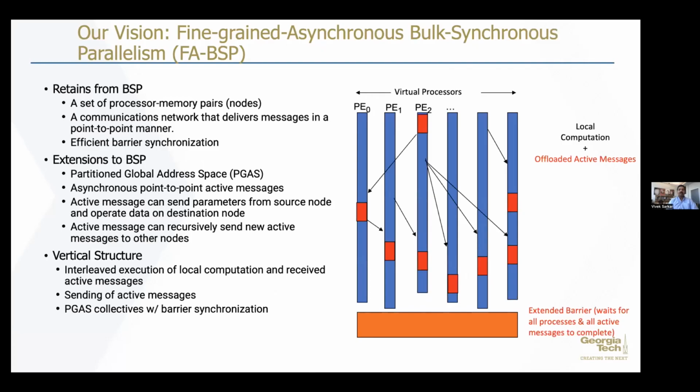What we've recognized the need for is something that we call fine-grained asynchronous bulk synchronous, that during a superstep, we should be able to allow offloaded active messages. And this is, as you'll see in a moment, inspired by the actor model. So the idea is, for example, PE2 can send a message to PE0, and the runtime system at PE0 will figure out at some point in time to perform, you can think of it as an event handler or message handler, the code that results from the message on PE0.